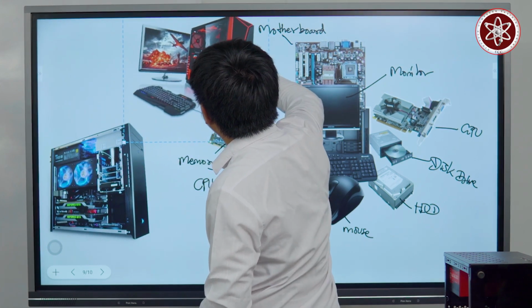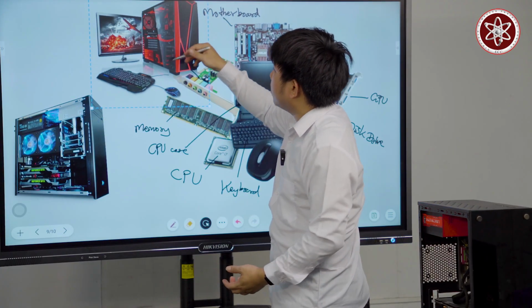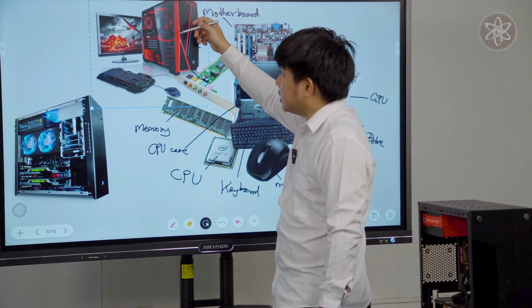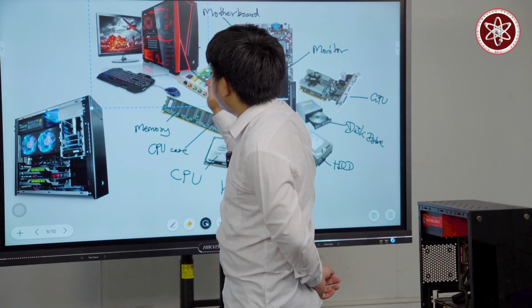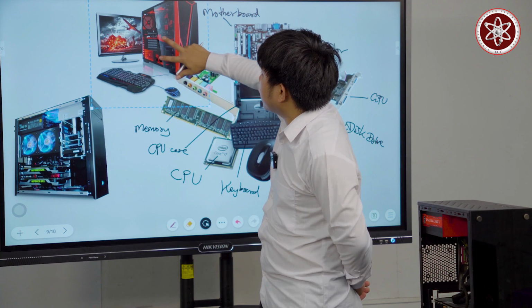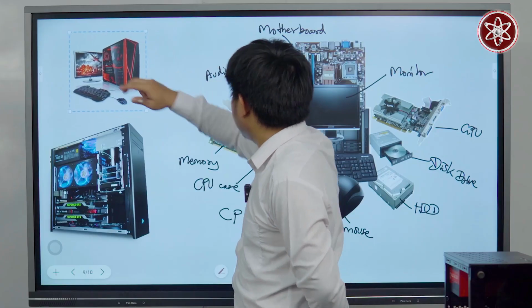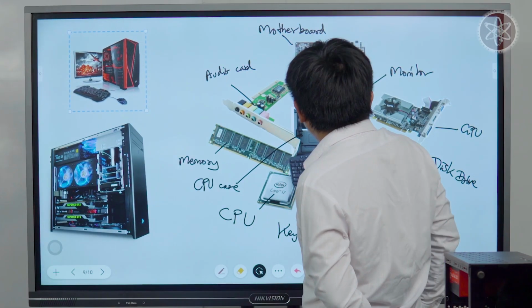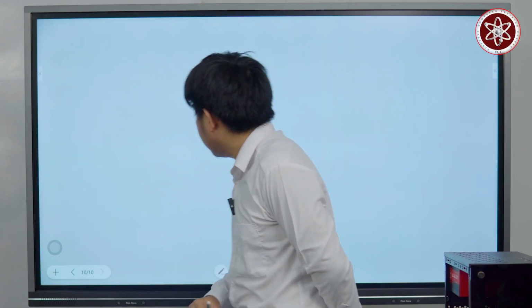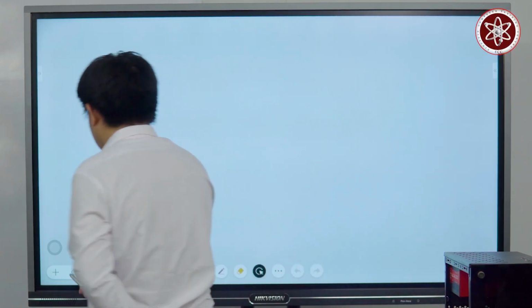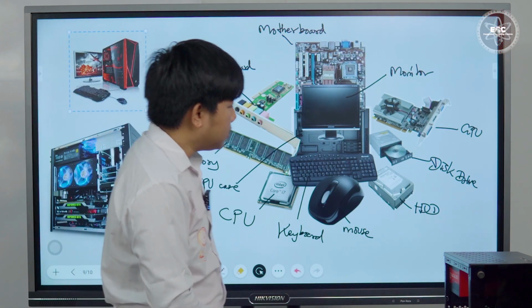If we look at this, there's a CPU case with all the components inside, and a display, keyboard, and mouse. And this is also a gaming setup. Okay, let's continue.